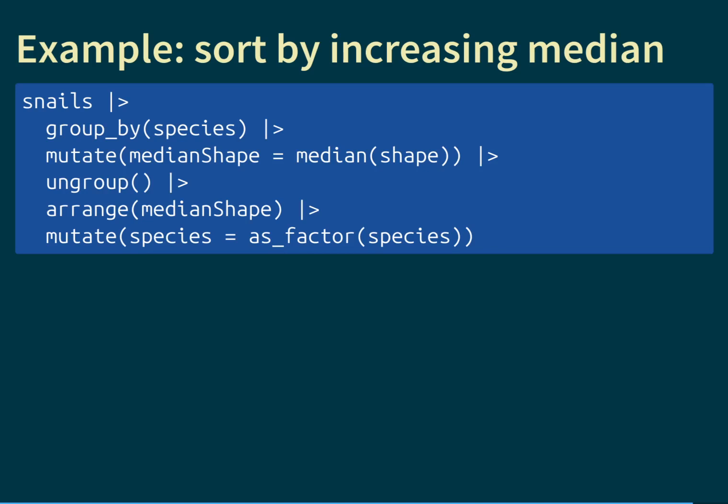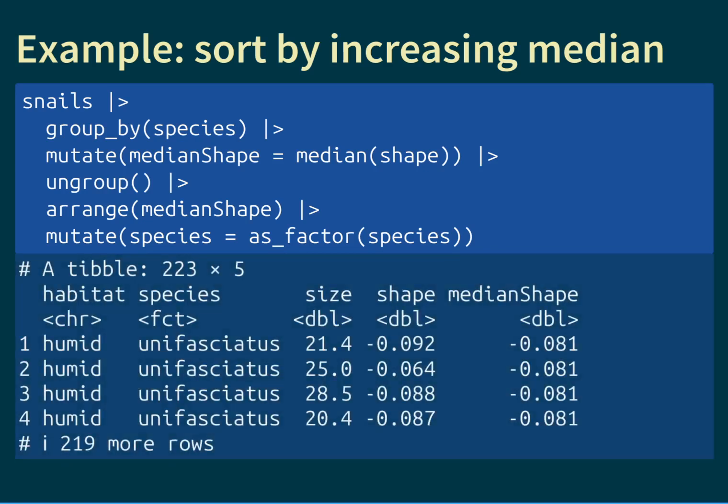What will this do? Well, let us look at the output of the table. Since we have sorted by median shape, the smallest median shapes come first. That happens to belong to the species Unifasciatus. So all the Unifasciatus individuals will be first in this table, followed by whatever species has the second smallest median shape, and so on and so forth.